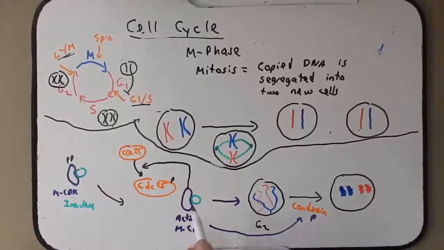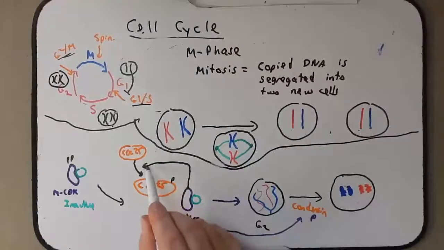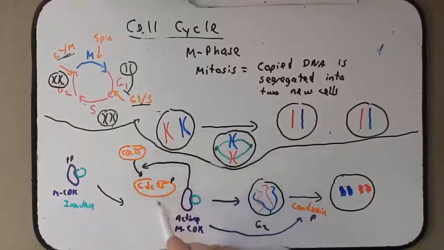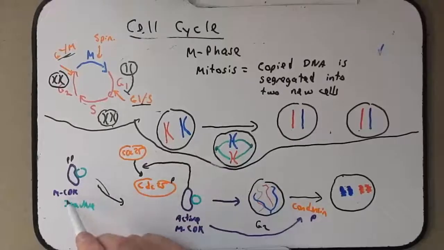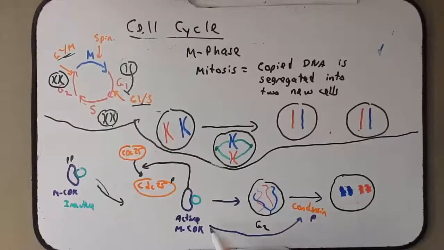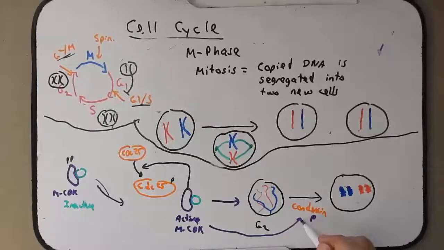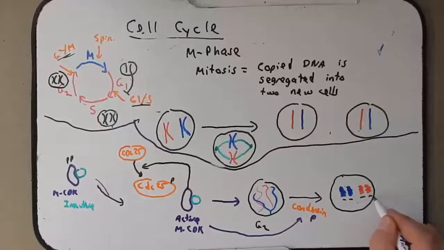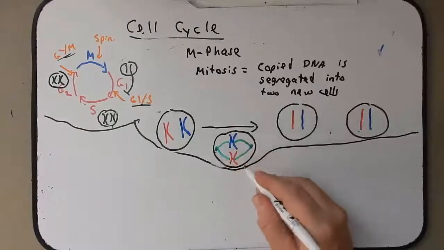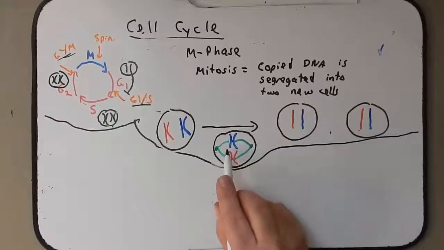Two of them that I want you to know is it provides a role in continuously rejuvenating more and more active MCDK. And then another thing it does is that it helps condense the DNA into these nicely condensed structures by phosphorylating condensin.